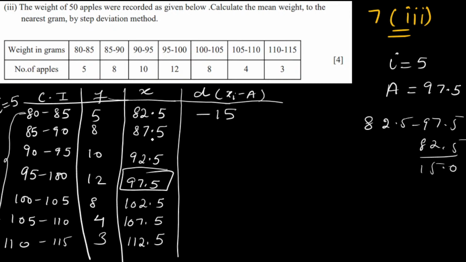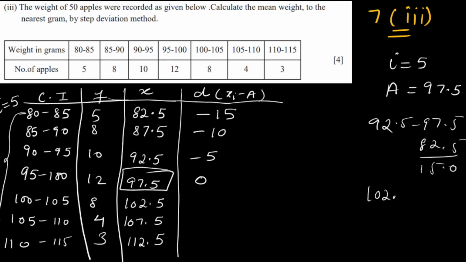Second one, 87.5 minus 97.5, so this will be minus 10. Then 92.5 minus 97.5 is equal to minus 5. Then 97.5 minus 97.5 is 0.